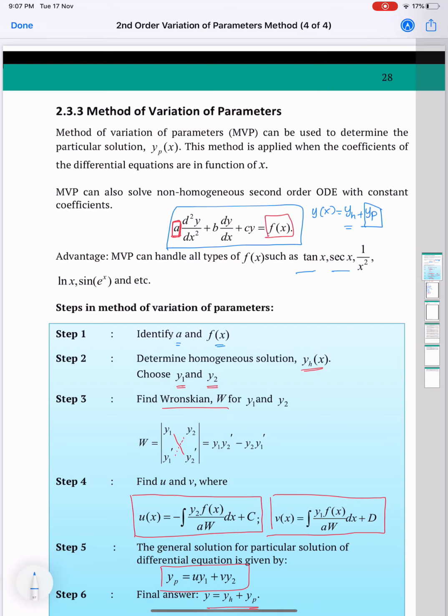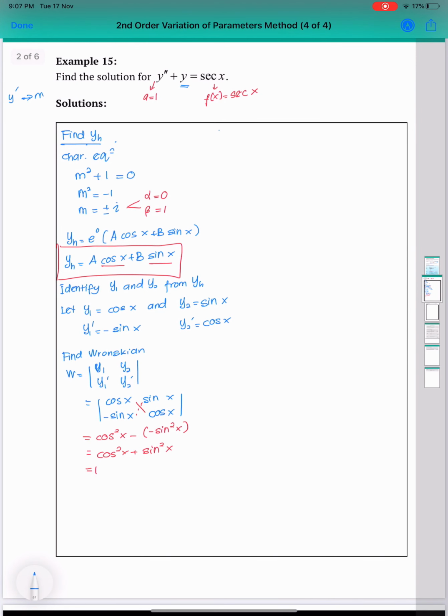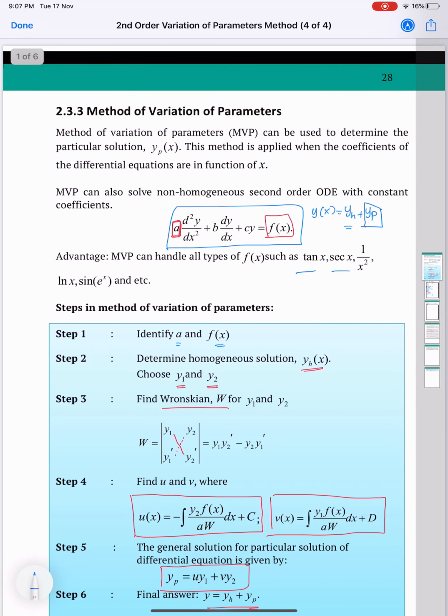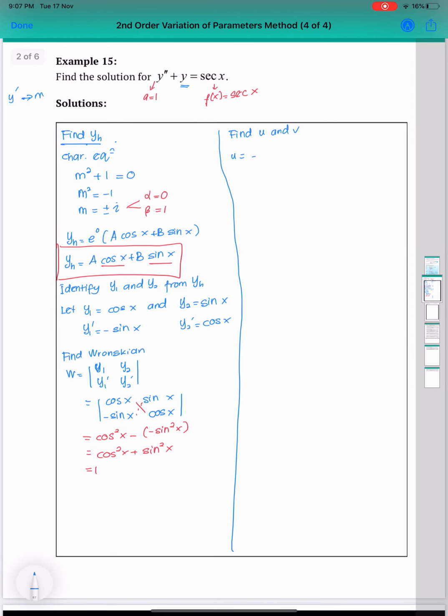Alright, next step is find u and v, where your u is equal to negative, let's take a look back, negative integrate y2 f(x) over a W dx.